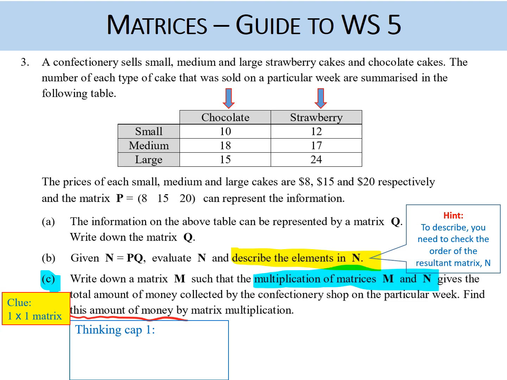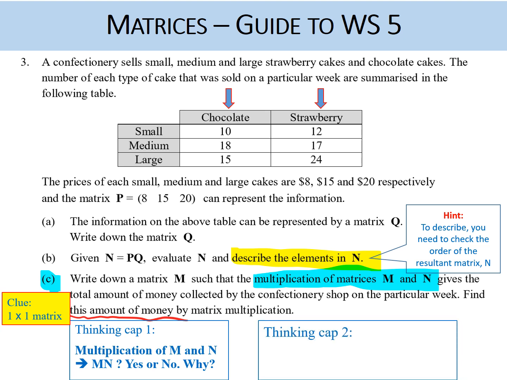Now, the question says multiplication of matrices M and N. Now, with this phrase, does it mean that multiplication of M and N means it must be M times N? Yes or no? And why? So this is something for you to think about.